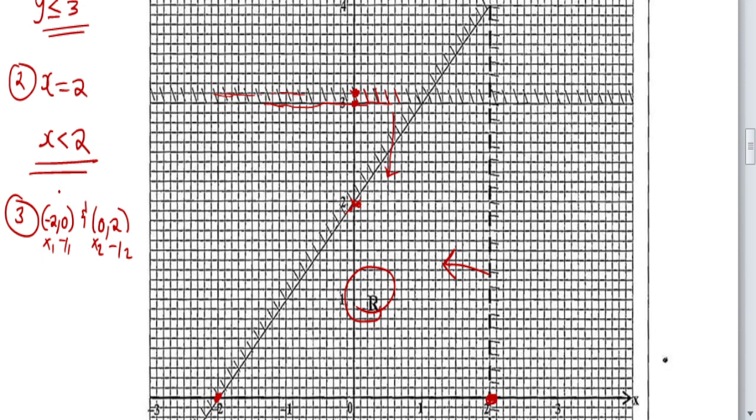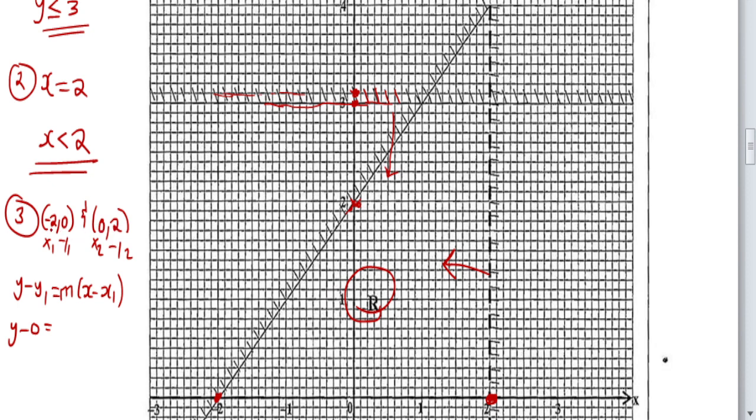Remember the formula. So we are saying y minus y1 must be equal to the gradient, then x minus x1. So y minus y1, this will become y minus 0 must be equal to the gradient. Gradient is found by saying y2 minus y1, so it will be 2 minus 0, which is 2.